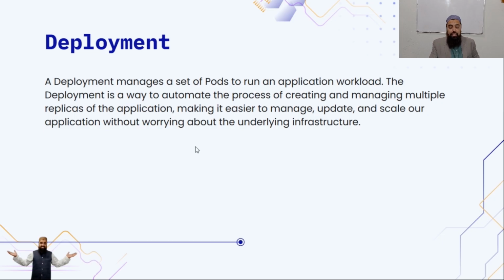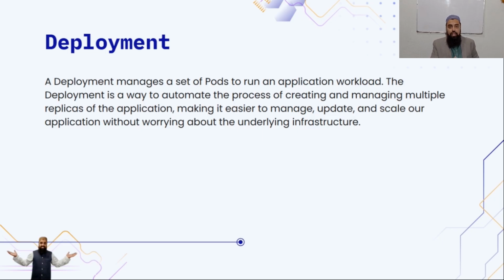And not only that, a deployment manages the whole set of pods, and we can also roll out our changes using the deployment. And one more thing that we must know: a deployment is used to create and manage multiple replicas of the application. Now, if we have multiple replicas or copies of the application and one copy fails, the deployment will replace it with a new one which is healthy and running, so that our application runs all the time.